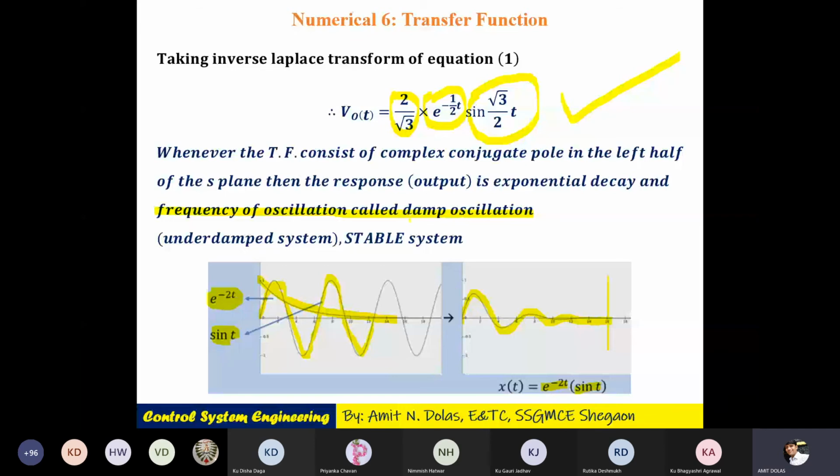This type of oscillation is called damped oscillation. This type of system provides you damped oscillation. It is also called underdamped oscillation because it goes to zero and the system is stable. System becomes stable. I'll comment on stability.